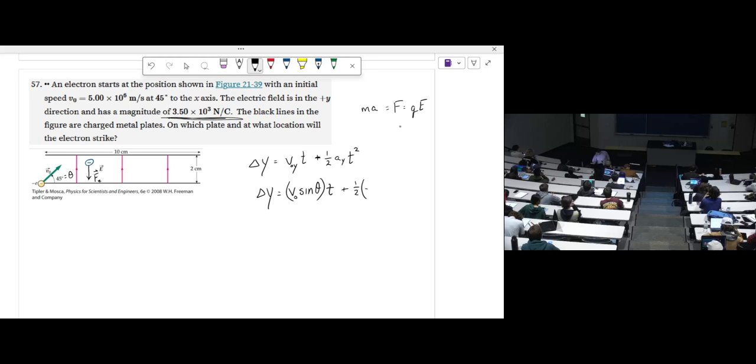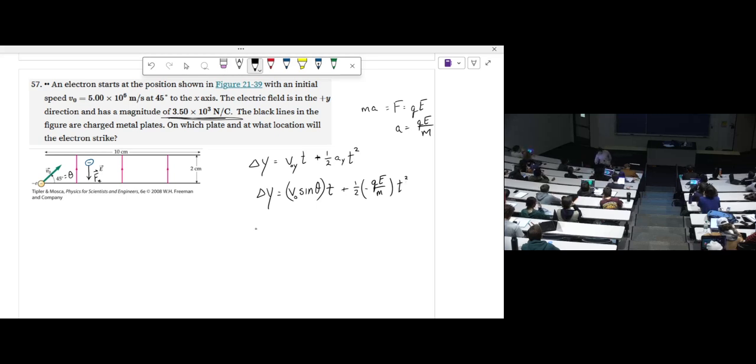So A is equal to QE over M. So we've got minus Q times E over M times t squared. But the problem is we don't know what t is.